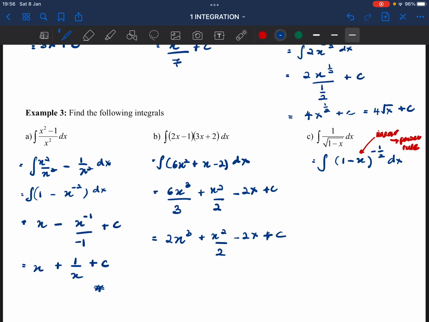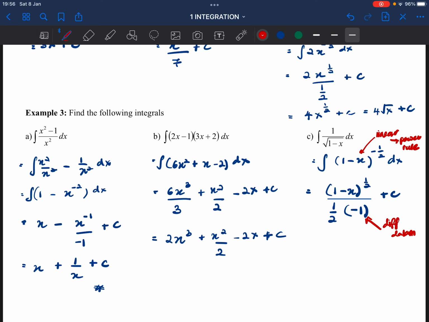To integrate this, copy back 1 minus x, power plus 1, so negative 1 over 2 plus 1, we will get 1 over 2 over 1 over 2, and there is something else you have to put, which is the derivative of the inside. So 1 minus x differentiated, we will get negative 1. Plus c. So this is the derivative of the inside.